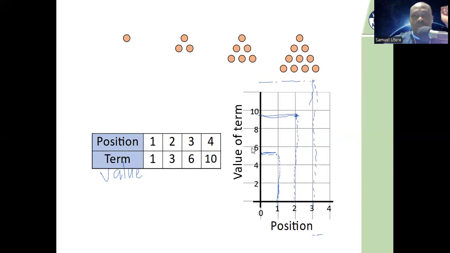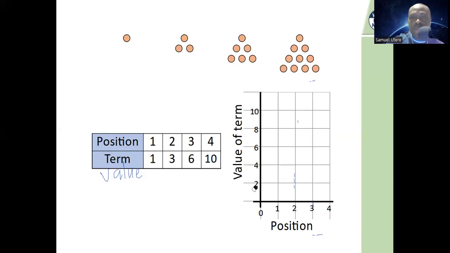Now, the next thing is for us to plot the graph. So let me rub this off so that we have some space. All right. So to plot the graph, I guess you already know what we need to do. When it's in position 1, we can clearly see that the value is 1. Now take note, for the position here, the scale is different when you compare it to the value of the term.